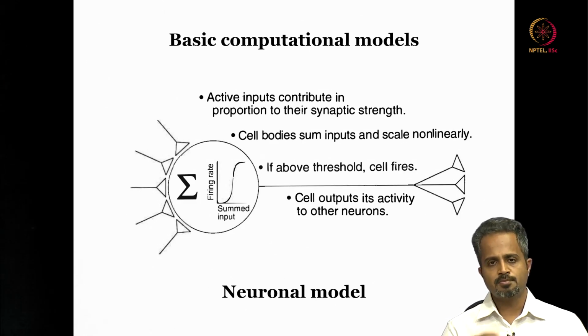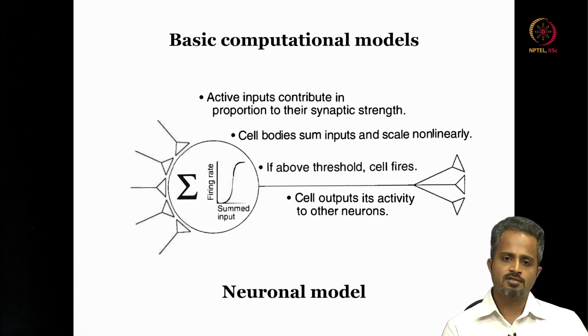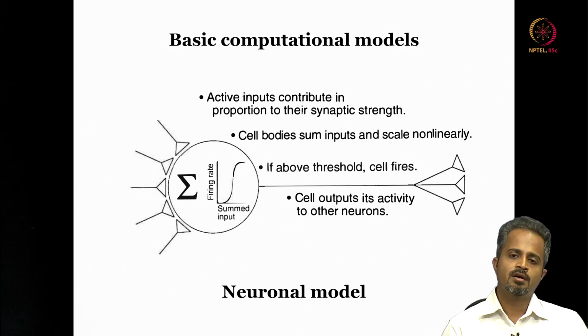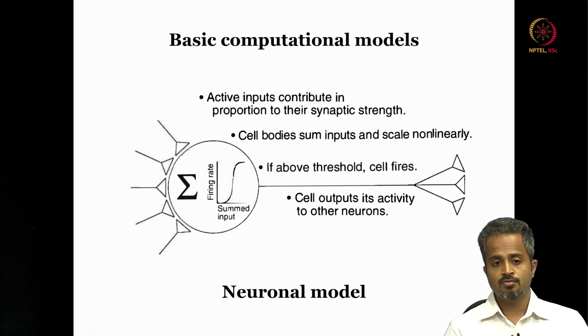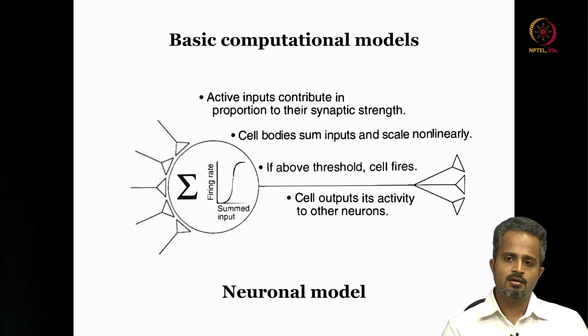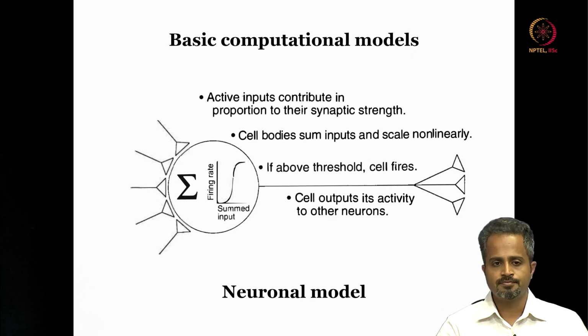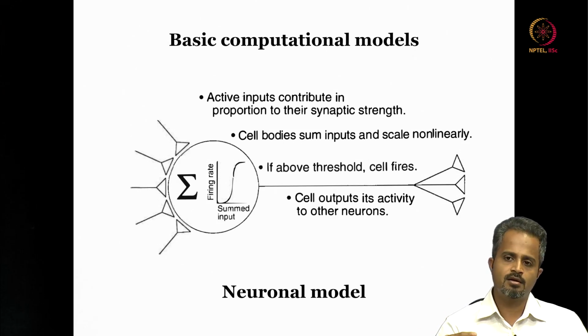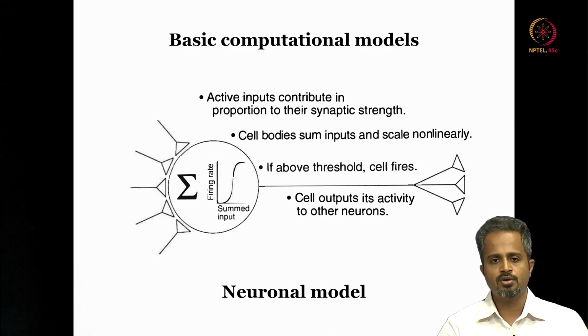Especially an artificial neural network is a kind of algorithm or machine learning technique which has been inspired by the neural systems, where the computation that happens in the brain has been replicated in that form of algorithm. So, it is brain inspired neuromorphic computing.